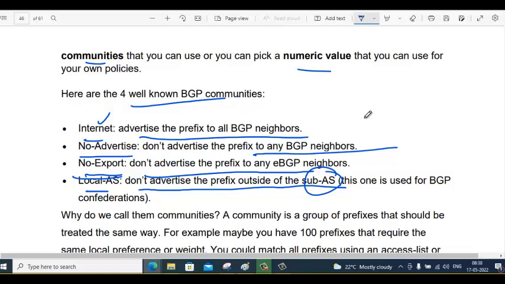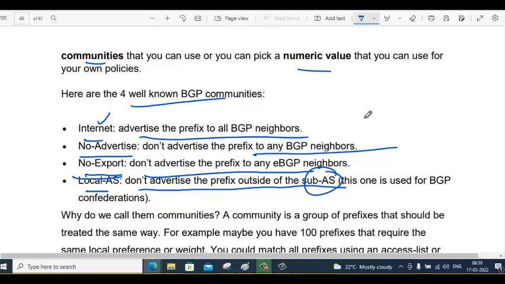Well-known communities. Internet. No advertise means don't advertise to anyone. Internet means you can advertise to anyone, internal or external, no problem. No advertise, you cannot advertise to anyone. Internet is can, no advertise is cannot, to any neighbor.